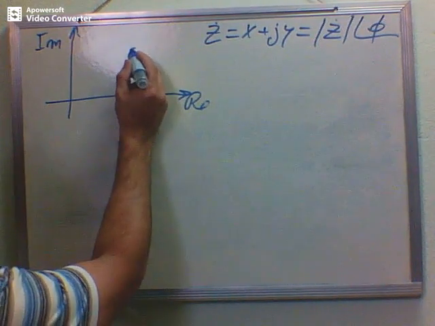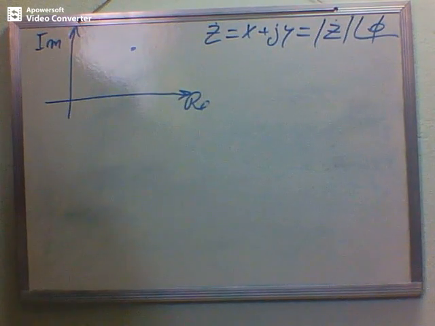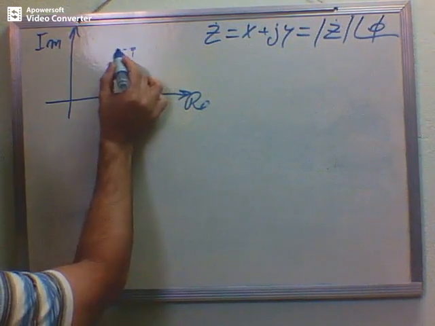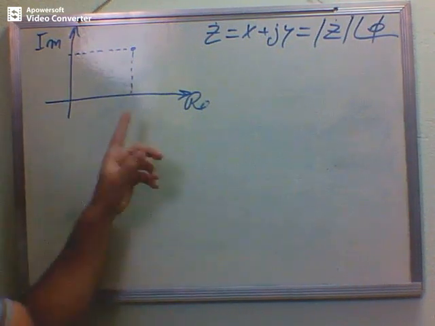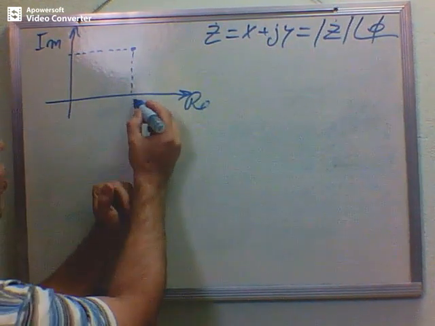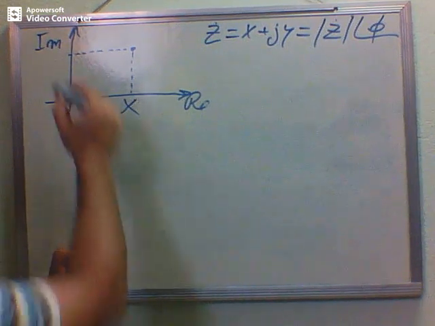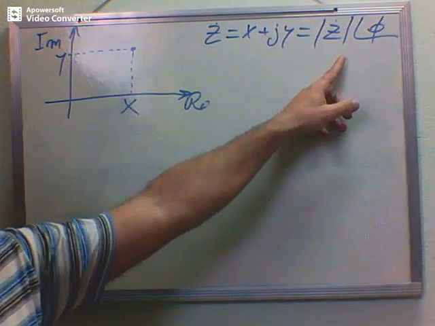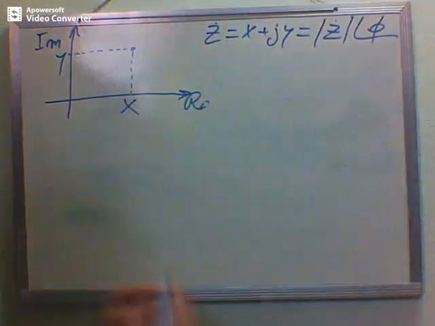Okay, the complex number is simply a dot in the complex plane. It has a real coordinate and an imaginary coordinate. What we want is to convert to the polar form.